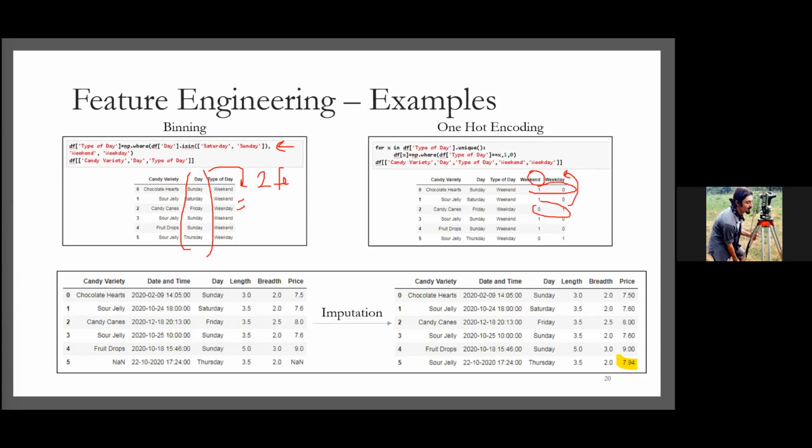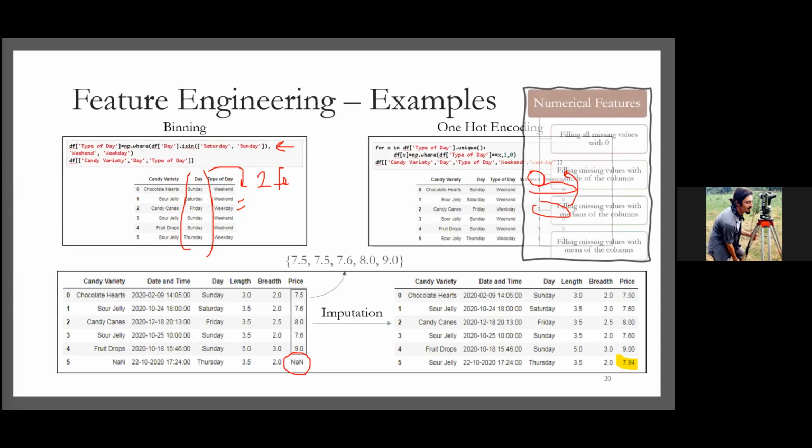weekdays. And for imputation, we see that we have a null value here in the price column of the candidate data set. If you remember the previous slides, we can fill all the missing values with 0, which doesn't make sense for this kind of data set, but it could be meaningful for different kinds of data sets.